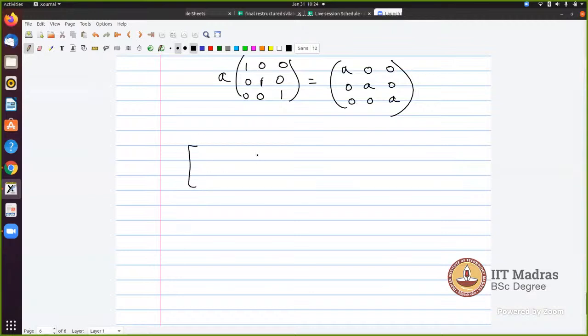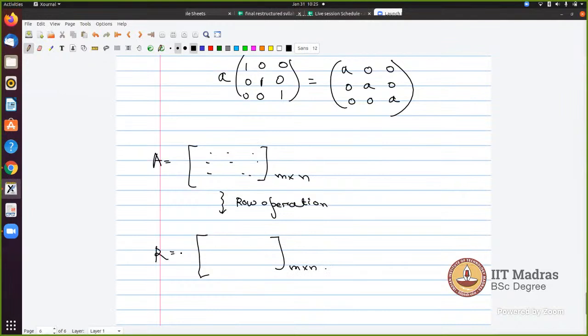So suppose I have started with an M cross N matrix. This is my A matrix. There are some elements like this. For finding rank or finding nullity, I have to do the row operations, right? And eventually I will come to a reduced row echelon form. So this is my R, the reduced row echelon form.